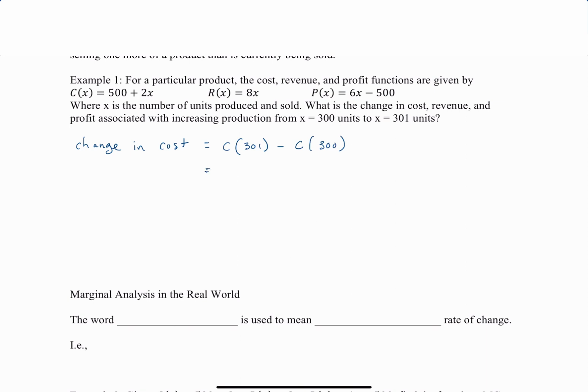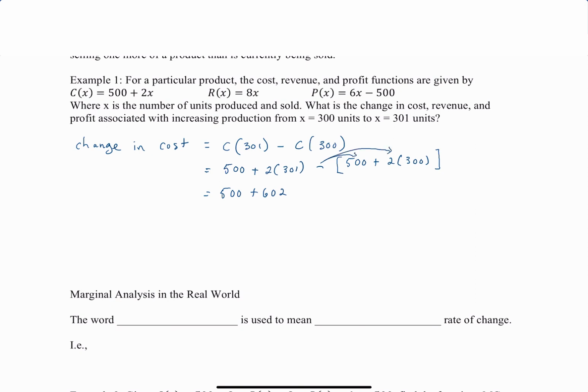C of 301 is 500 plus 2 times 301. And then we're subtracting C of 300, which is 500 plus 2 times 300. So what do we have here? We have 500 plus 602, and then I'm going to distribute this minus in to both of these guys.